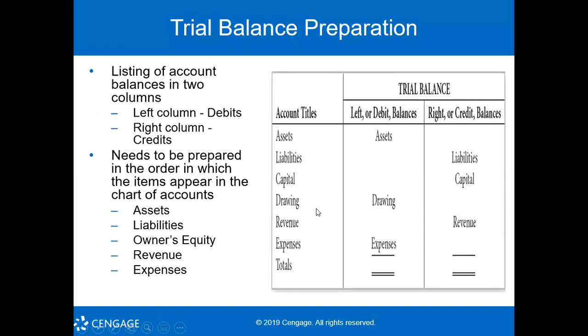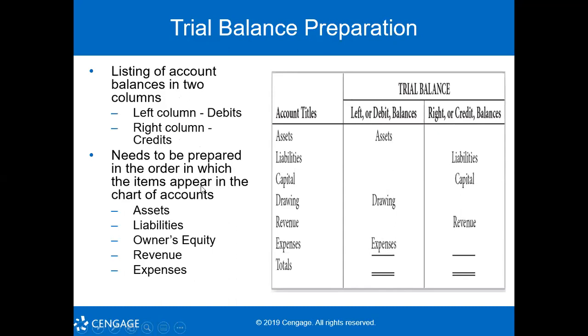Any accounts that have a debit balance are listed in the debit column of the trial balance. Any accounts that have a credit balance are listed on the credit, or the right-hand side, of the trial balance. So it's the listing of account balances in 2 columns. The left column represents accounts that have debit balances. The right column represents accounts that have credit balances.